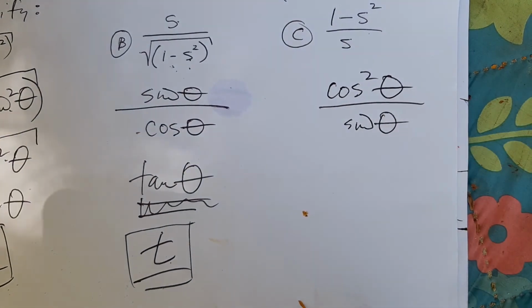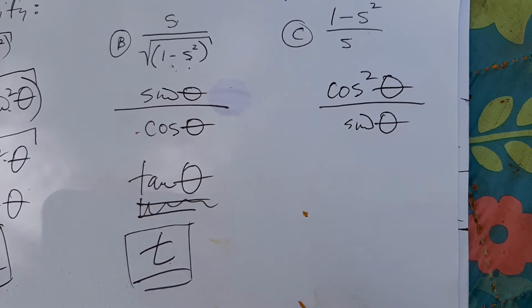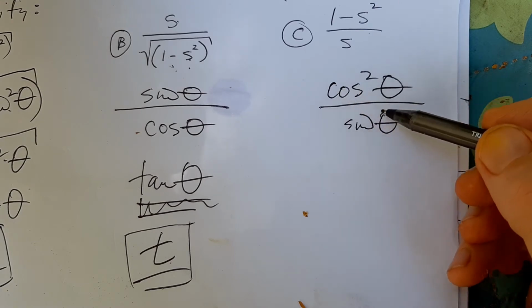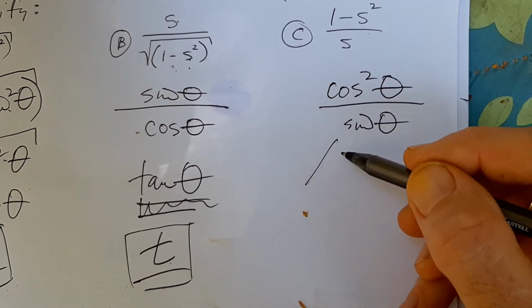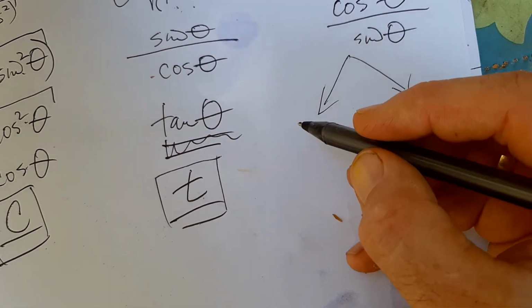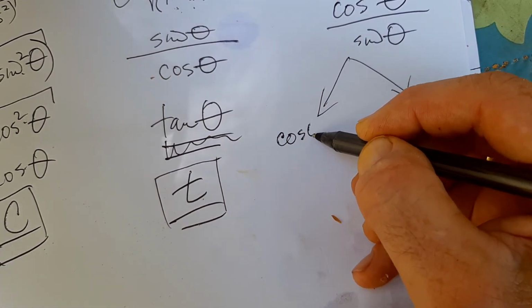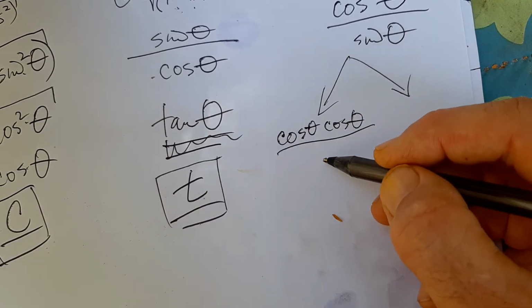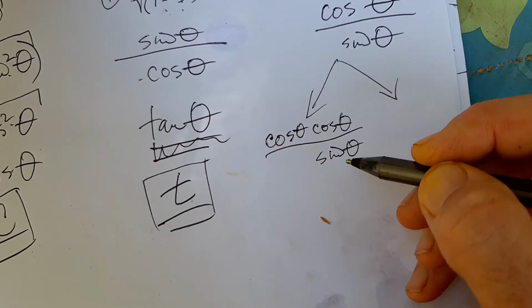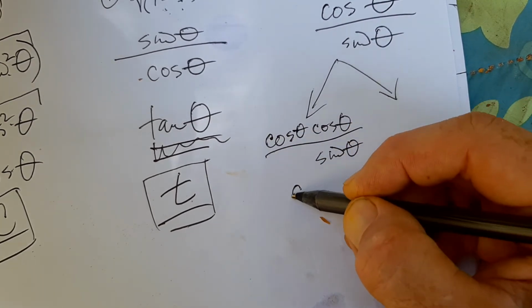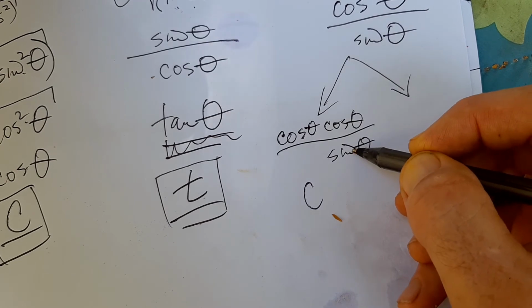Okay, so this one, let's substitute in here. You could substitute now, or you could split this into, see, in math you can go two ways. I could do cosine theta times cosine theta, right? That's cosine squared theta over sine theta, and I'd get cosine over sine.